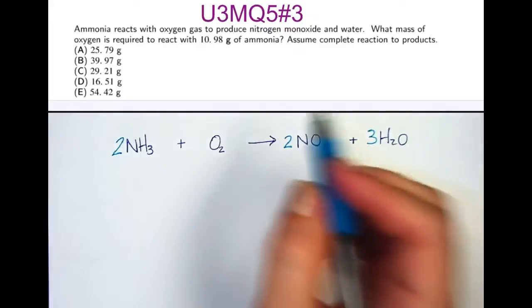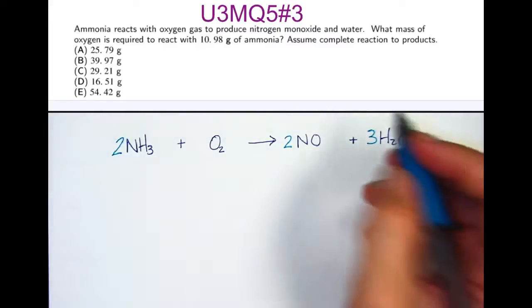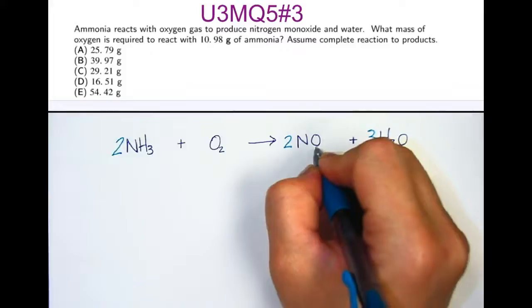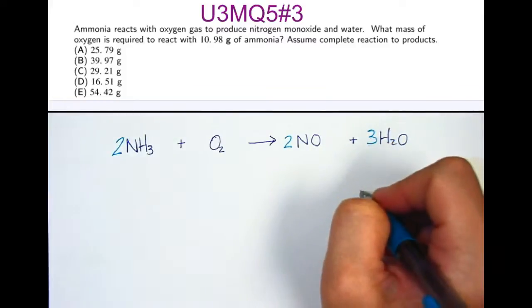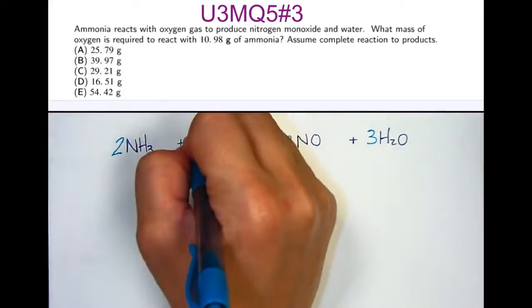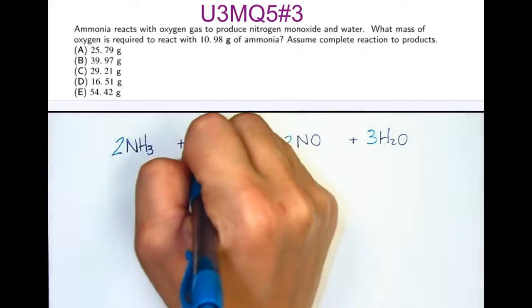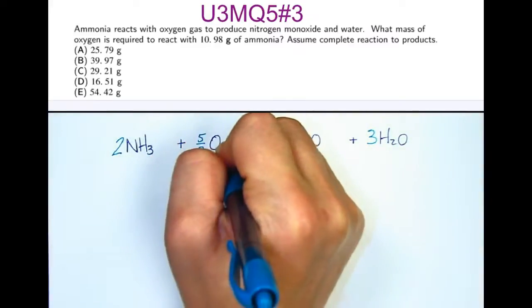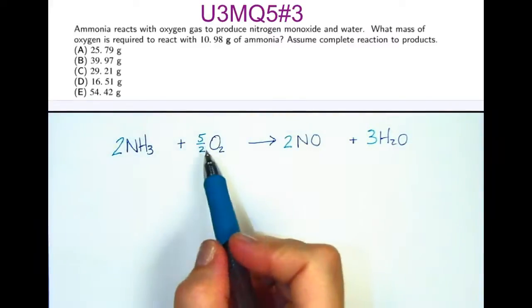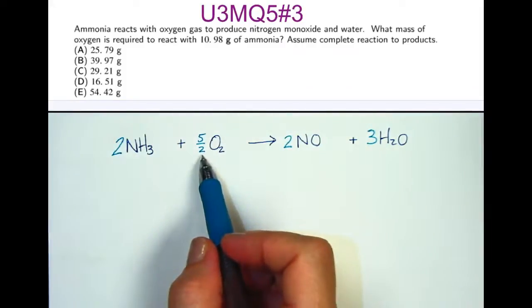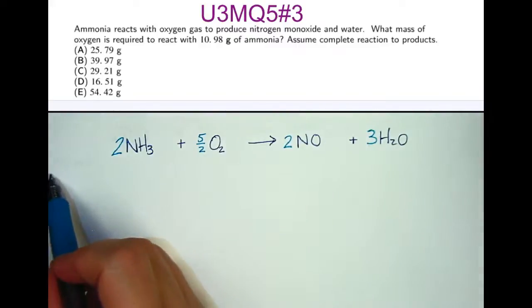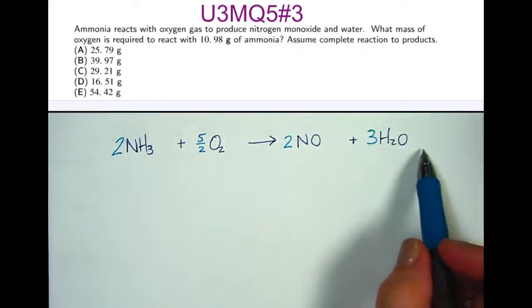Now the oxygens. There are 2 on the left, but there are a total of 2 plus 3 makes 5 oxygens on the right. This is an odd number of oxygens, so if I had 5 over 2 times 2, then that would give me 5 oxygens on the left. But we don't want to leave this as a fraction, so to get rid of the fraction, we'll multiply all coefficients by 2.